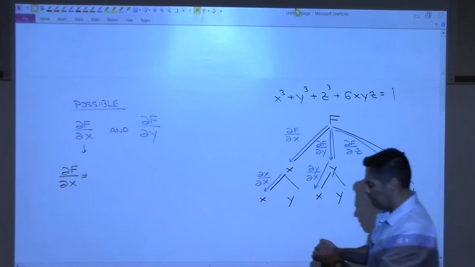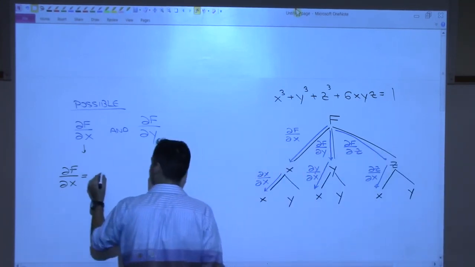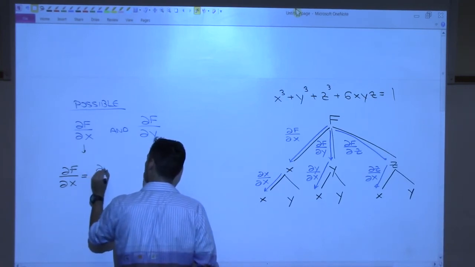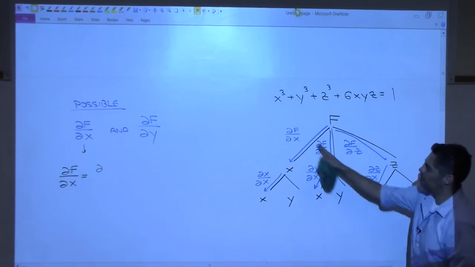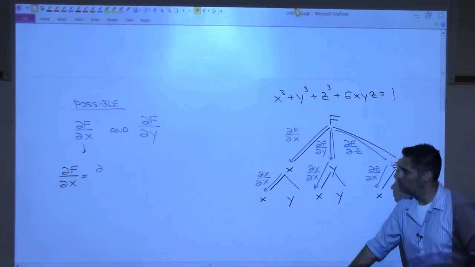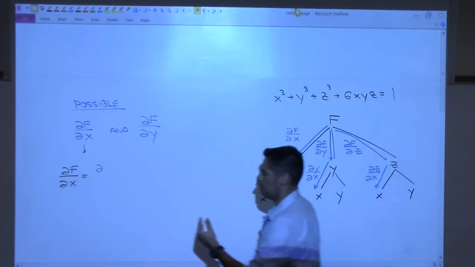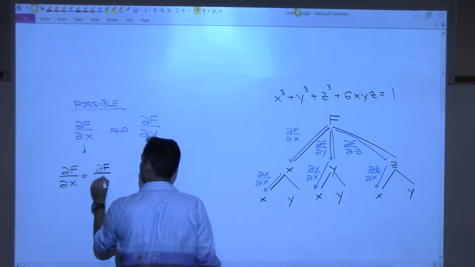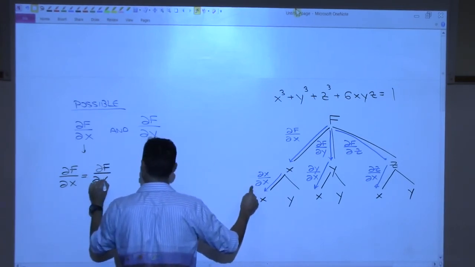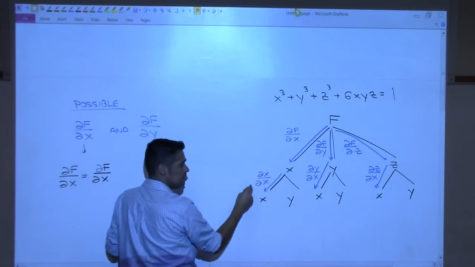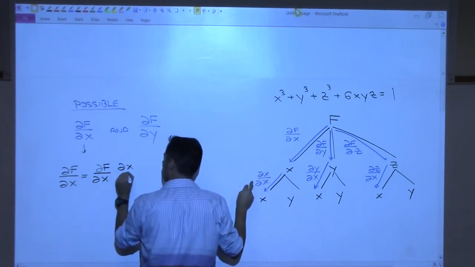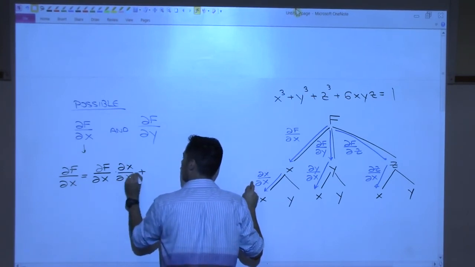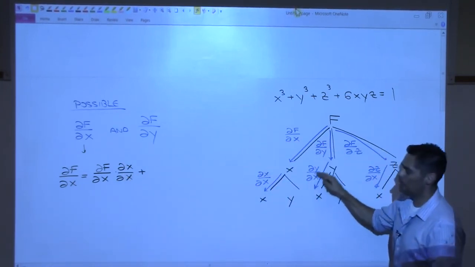All right, let's write this formula down. What is it? This times this, right? So partial f with respect to x times partial x. I'll write down partial x plus down this way.